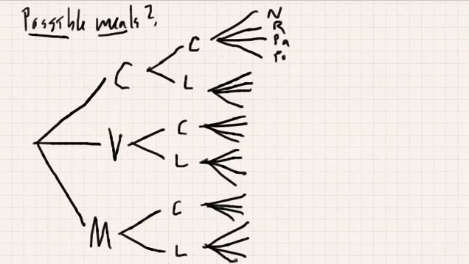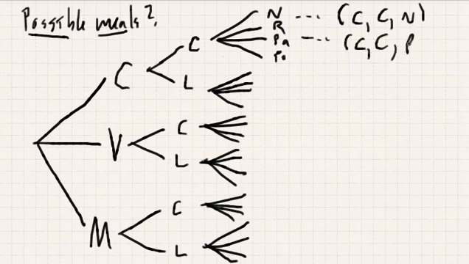Now, I could write down all of my possible choices by, for example, writing this first one as C, C, N. The second one could be C, C, R. So that's curry chicken with naan, curry chicken with roti, etc., all the way down to the last possible choice, lamb madras with puri.